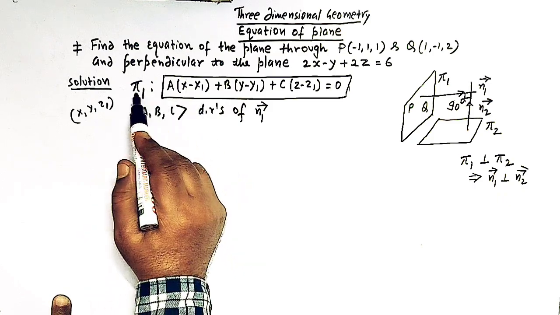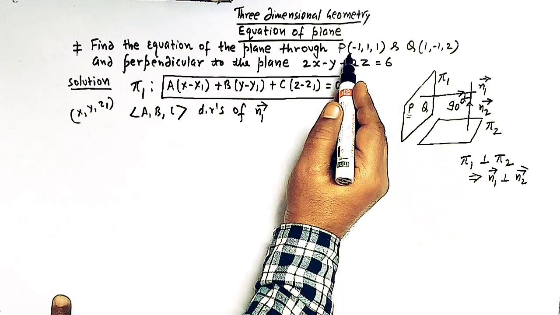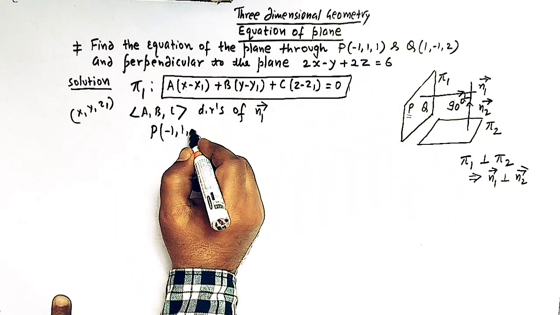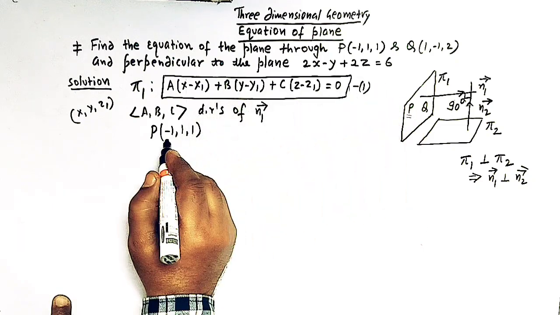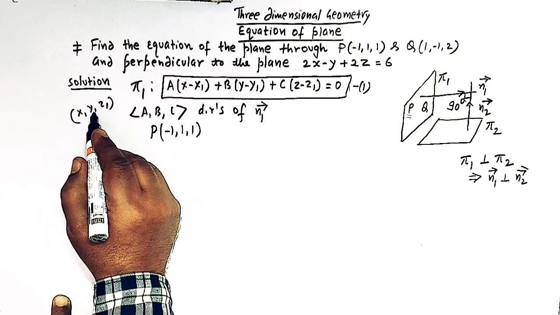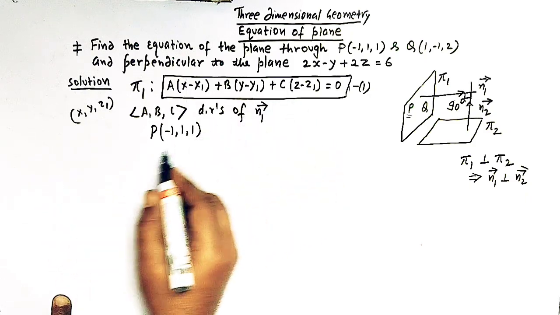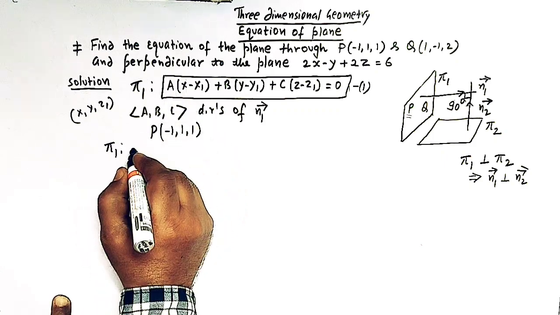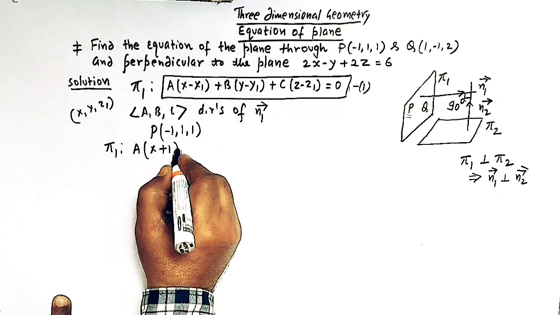So now this plane pi 1 contains this point P, right? And the point P has the coordinates (-1, 1, 1). So this equation must satisfy this point, right? So taking x1, y1, z1 as -1, 1, 1, in this equation the equation of the plane pi 1 may be written as a(x + 1).